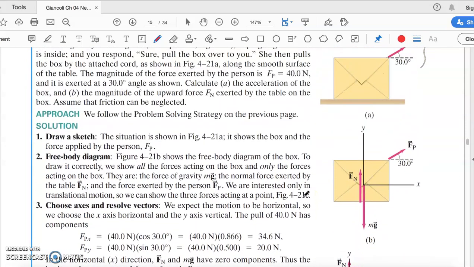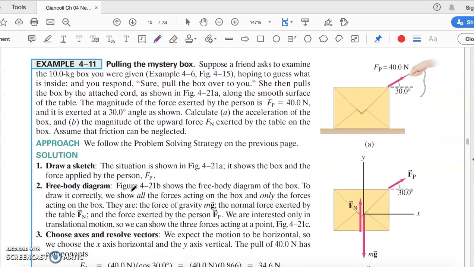And the thing that I just want to mention, that whenever we have any vector with an angle, the best thing to look at it is to decompose it into its x component and y component. And then we will continue in the problem as two problems, one on the x-axis, one on the y-axis. This is just a brief introduction for this example.